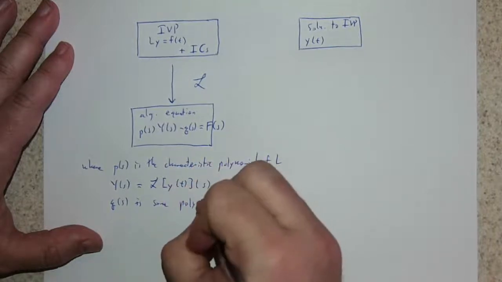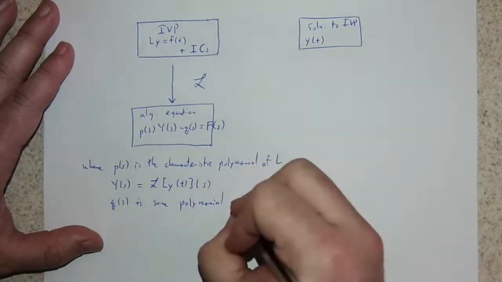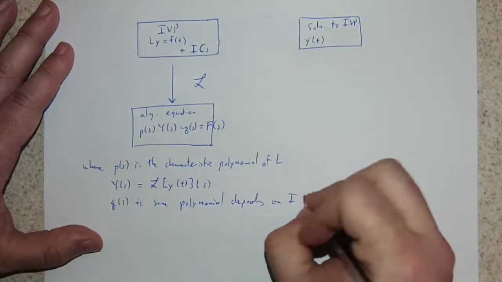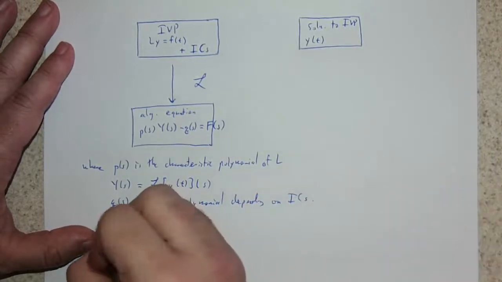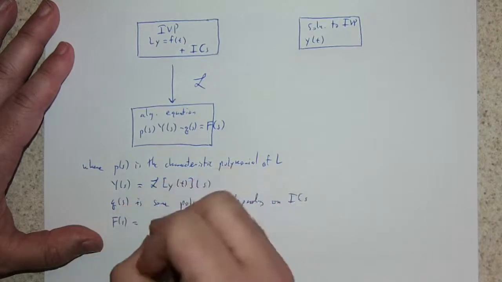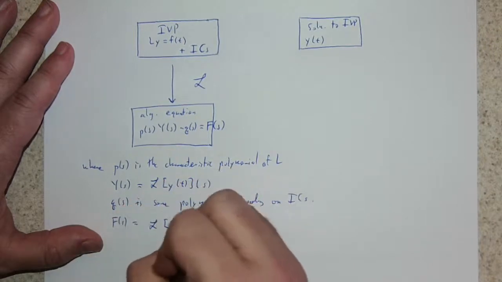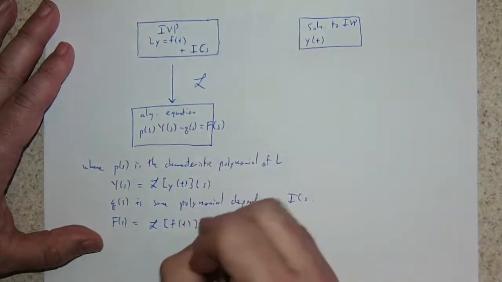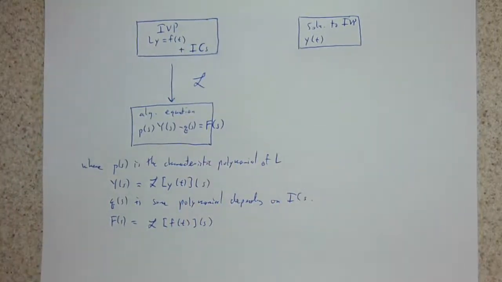Q of s is some polynomial depending on initial conditions. And big F of s is the Laplace transform of little f of t, the right-hand forcing function. We'll see how this breaks down.